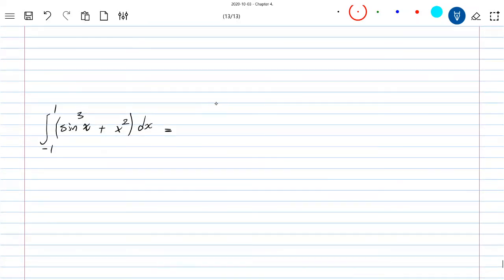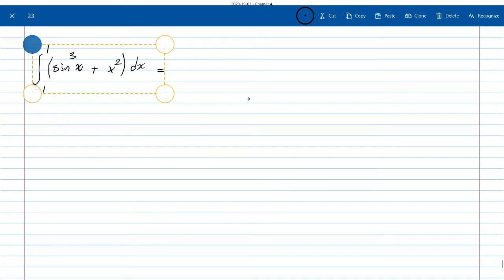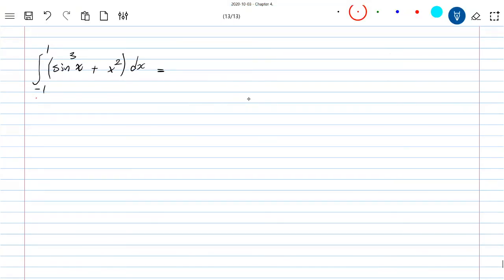Okay, sometimes you have a combination of both. So if you look at this case, if I look at the function f, again, always check first to see if you have a symmetric boundary. If you don't have a symmetric boundary, you cannot use any of this information. This information is only for when you have a symmetric boundary.